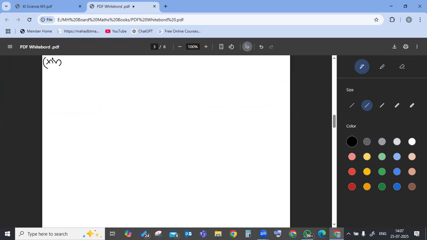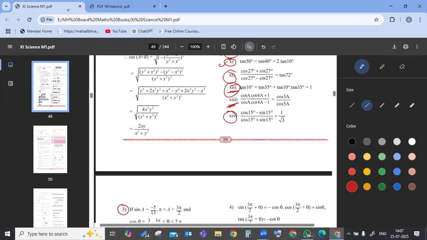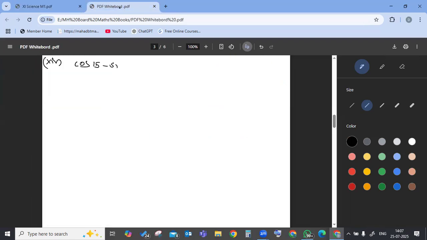Question number 14: cos 15 minus sin 15 divided by cos 15 plus sin 15 is equal to 1 upon root 3. See, we need to convert this into tan or cot. Let's convert it easily into tan.